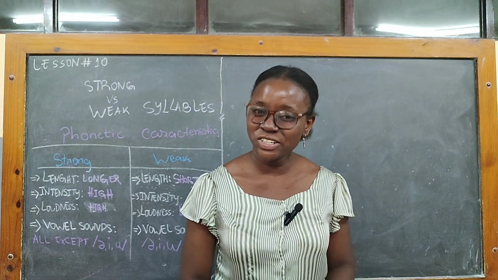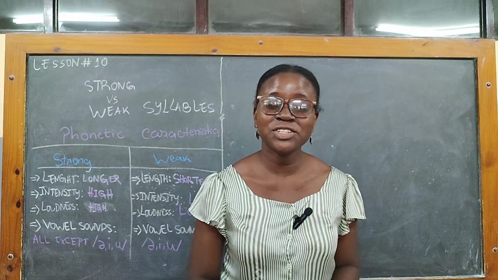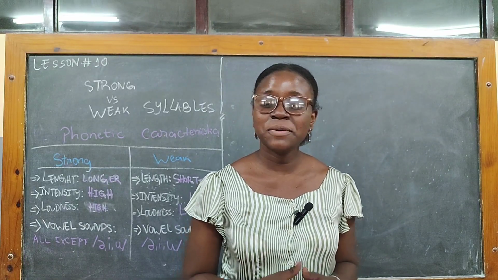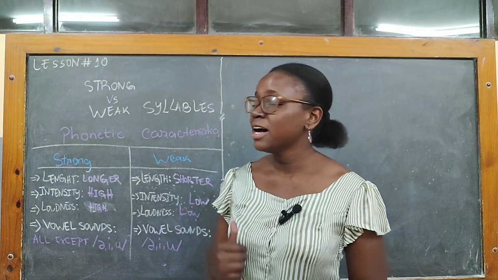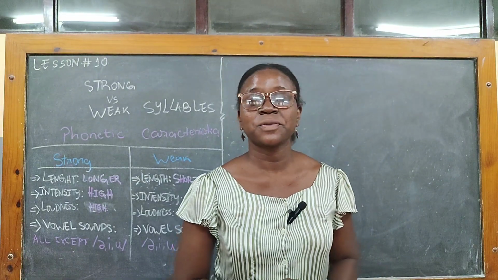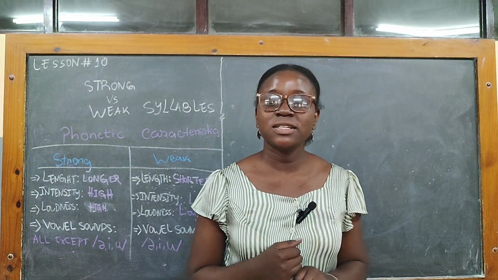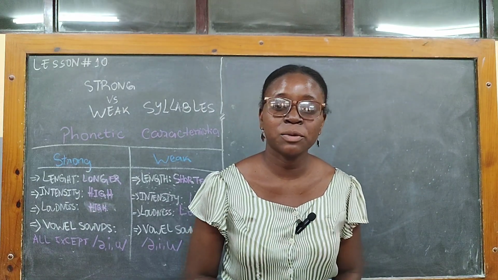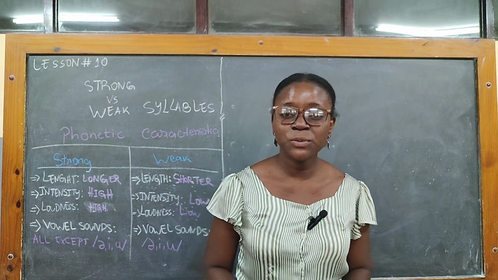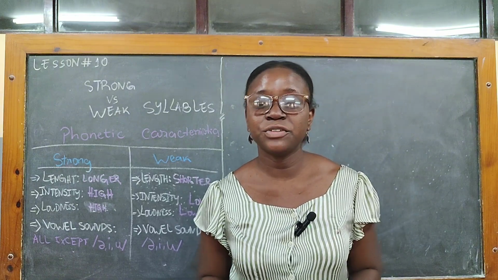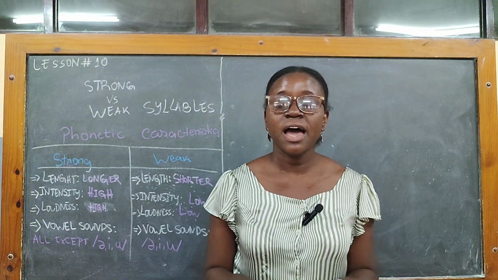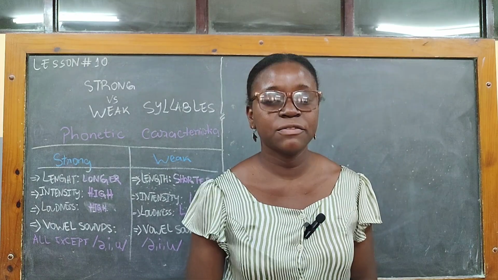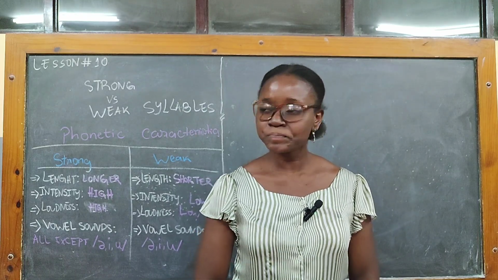Keeping up with this journey of learning English phonetics and phonology, specifically talking about the topic of English syllables. Today, we're moving on, looking at strong and weak syllables. As the first part, we'll be looking at the differences between strong and weak syllables in the context of phonetic characteristics.